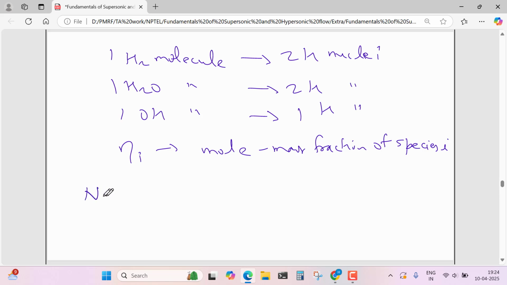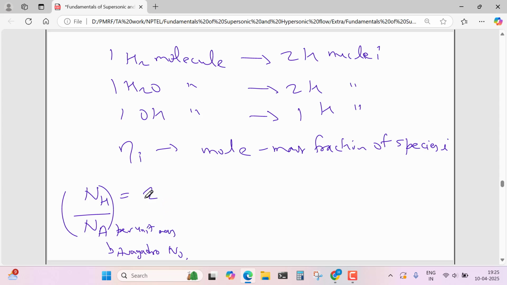Then the number of hydrogen atoms will be the ratio of hydrogen atoms upon Avogadro number, equal to 2 times this ratio, and it is given per unit mass.